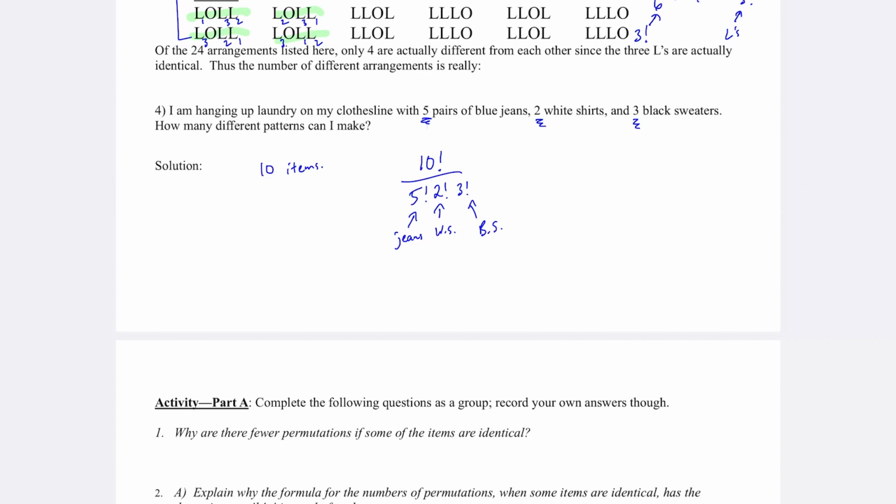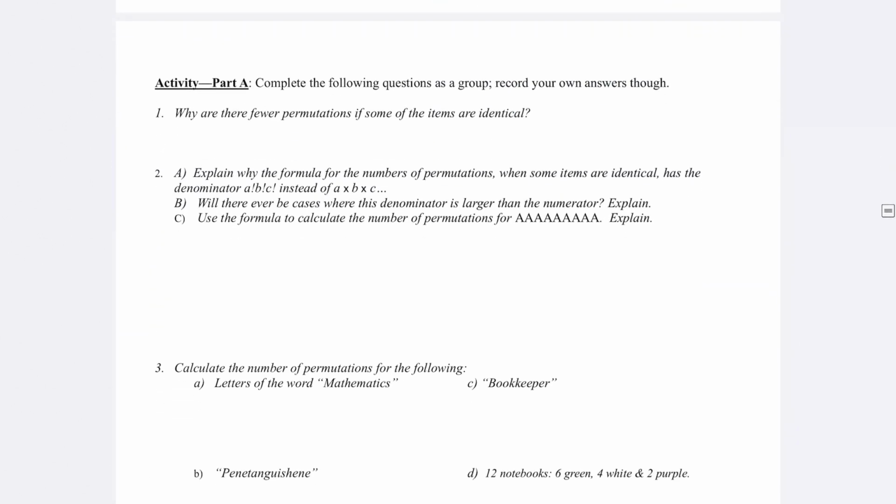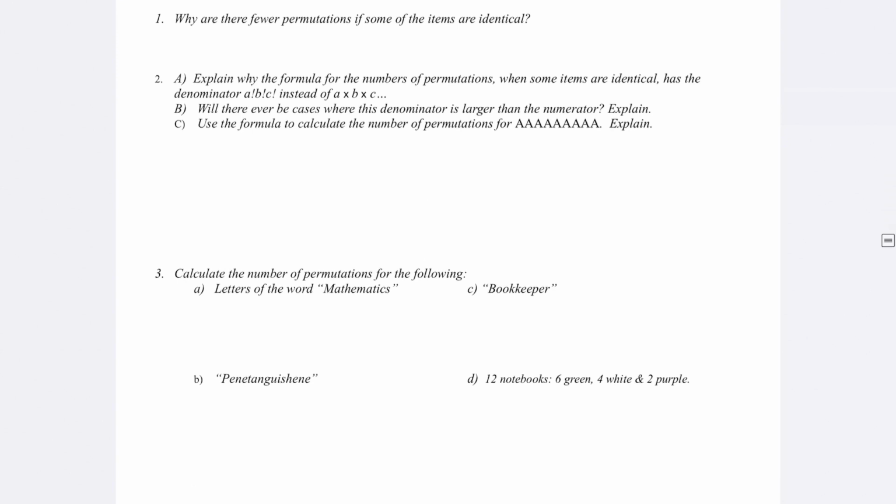The general way that we figure this out in the formula is n factorial over a factorial, b factorial, c factorial, and we keep going, where each of these are items that are not unique.